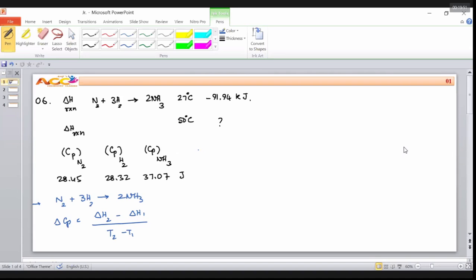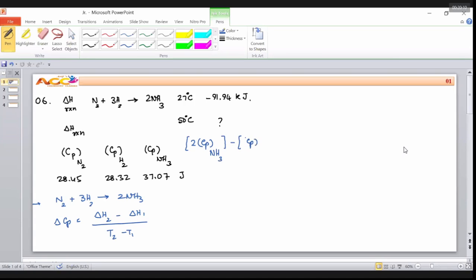Okay, what is del Cp? Cp of products. Who is that fellow? Ammonia. No, sir, this is molar heat capacity. I am having 2 moles. Multiply that. Minus Cp of reactants.